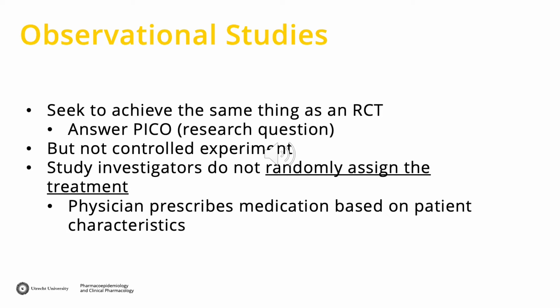They answer a PICO question or a research question, but they're not a controlled experiment. Again, study investigators do not randomly assign the treatment, and physicians prescribe medications based on patient characteristics. So those are the main distinctions that you need to be aware of between experimental studies, which are randomized controlled trials, and then observational drug safety studies.